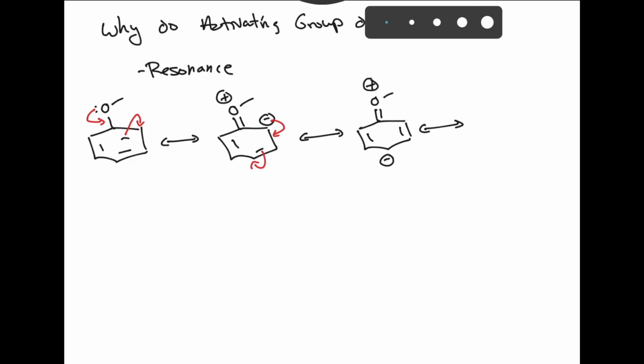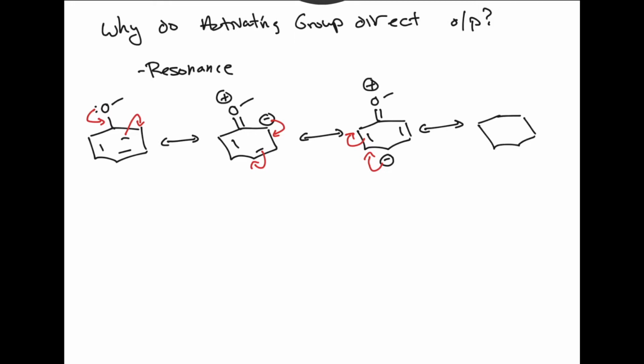And again, I can draw a resonance structure again. Right, so I can draw three resonance structures by taking the electrons on my oxygen and pushing them down. And that gives a negative charge to the ortho and para positions.